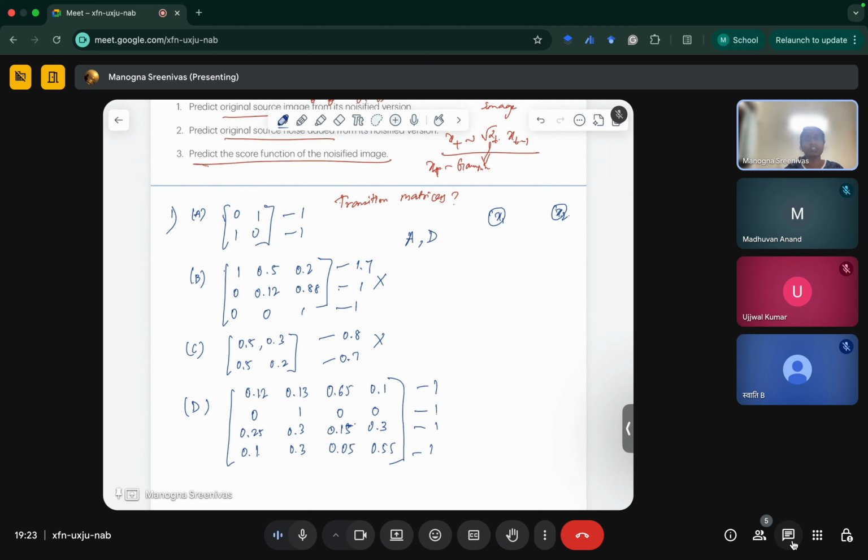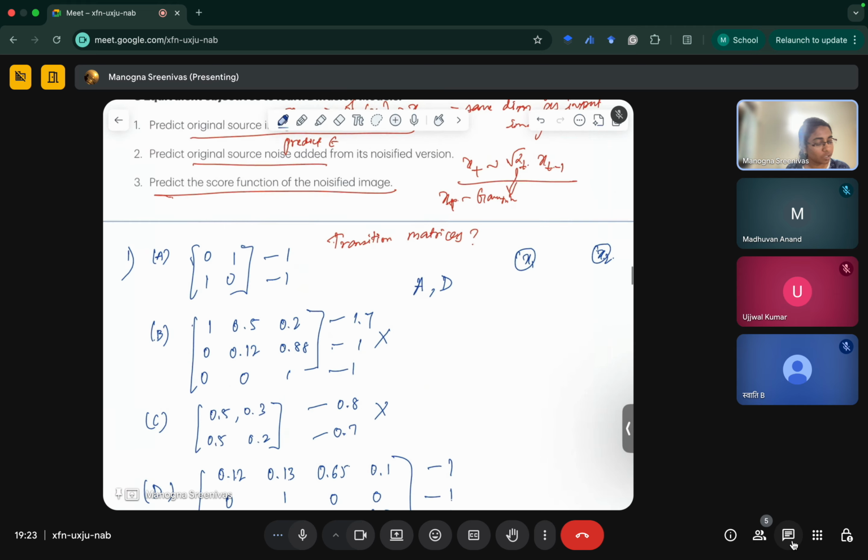They are square matrices, right? An n cross n matrix where n is the number of states. It defines the number of states, and the row sum would be equal to 1.